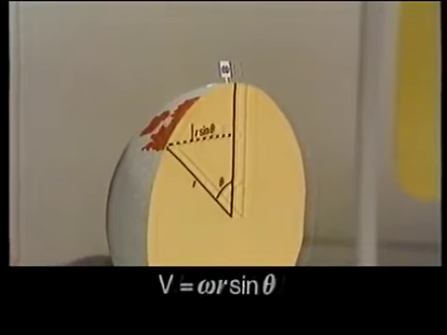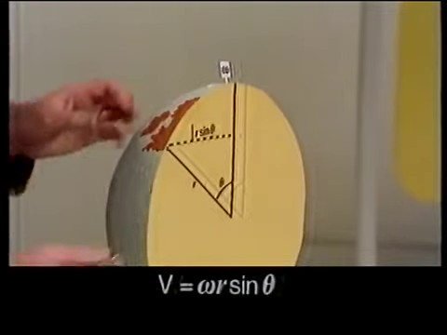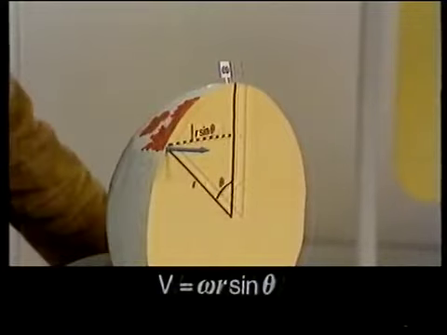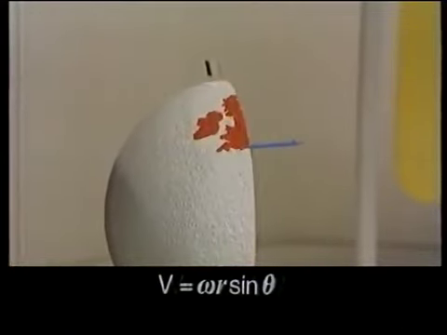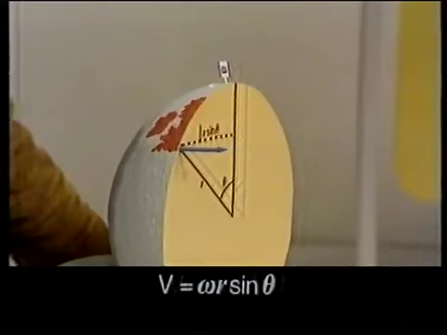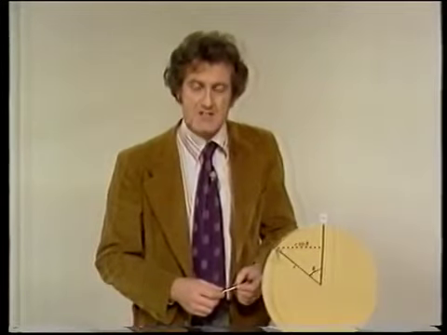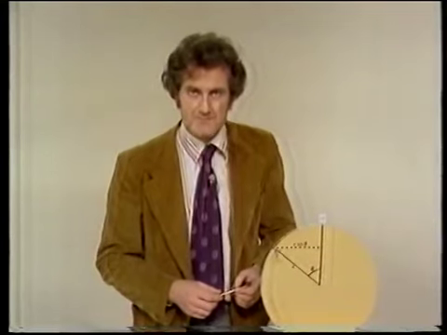But in fact, you know a bit more than that. You don't just know the speed, you know the velocity, because you know its direction as well. It's this. If the Earth's rotating like this, then that's the direction. Now, in fact, you arrived at that answer by combining two vectors.